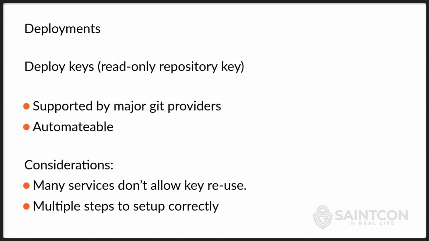When you move on from the developer machine into your deployments, you may have needs of having, say, a private repository, but your build environment's on GitHub. So how do you use this pattern with that extra security that you need? The preferred way with GitHub and Bitbucket, and I think GitLab also supports this, is a thing called deploy keys. These are read-only SSH keys that are specific to a single repository.